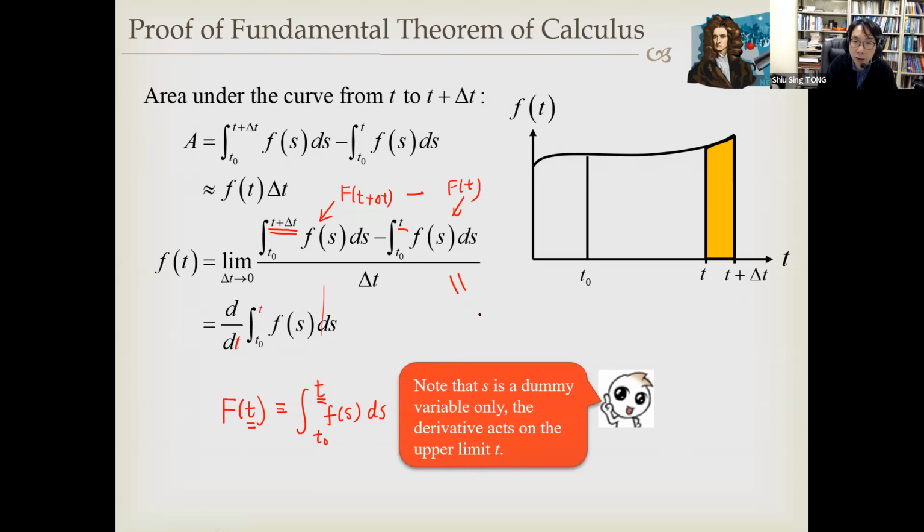It is exactly the definition of the derivative of big F. But big F is this guy. So when you put it back, you arrive at this expression. But this is exactly what? The fundamental theorem of calculus. If you start with a small f, integrate it, differentiate it, you go back to f itself.